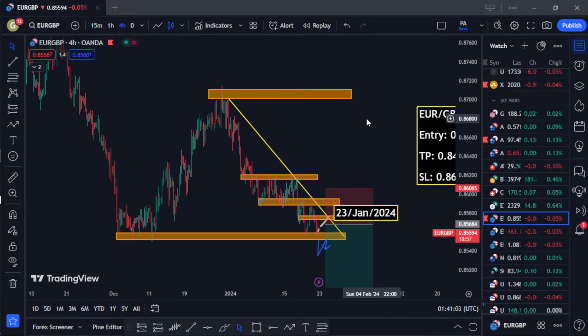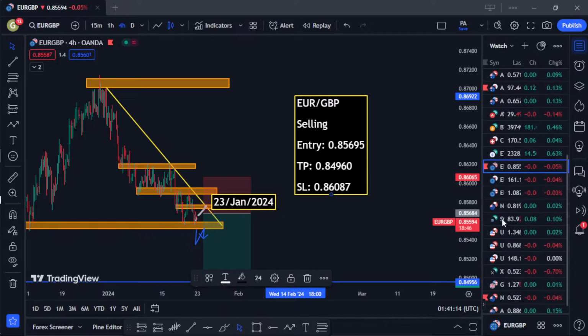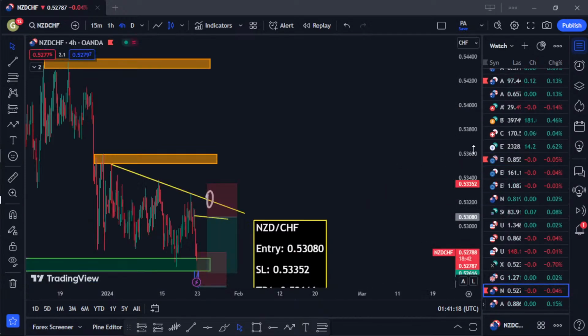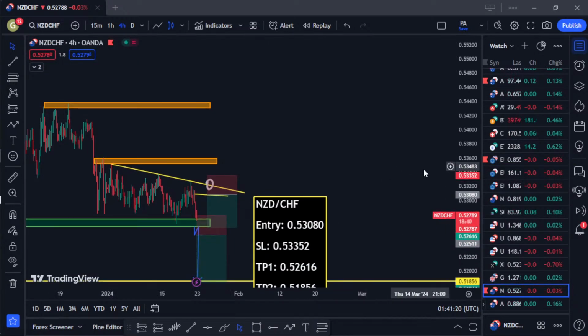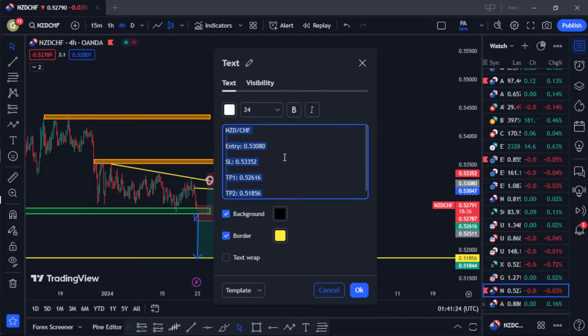For EURGBP, we are selling. For NZDCHF, we are also looking for a sell opportunity.